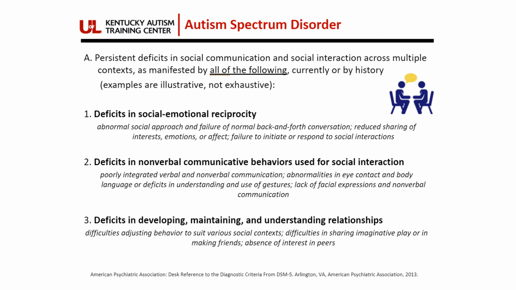The other piece that we look at are deficits in nonverbal communicative behaviors that we use for social interaction. So if I'm walking down the street in New York, big city, and I'm from a small town, and from a small town, we wave at everyone. So when I'm walking down the street, I generally wave at everyone, whether they're strangers or not.